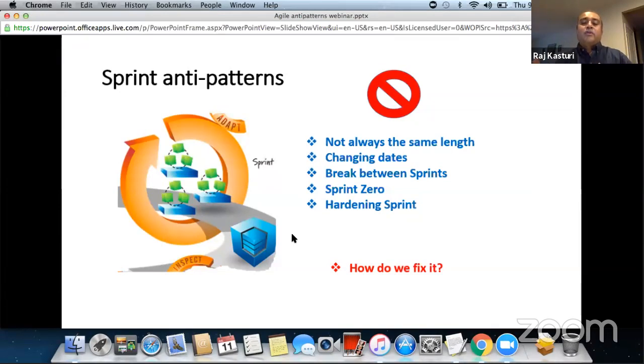So that sprint is not valuable to them. Any functionality that is delivered at the end of each sprint is important. So don't use hardening sprints, because quality needs to be built in for each and every sprint. That is very important. If you don't do that, then you're creating unnecessary anti-patterns and more defects as you go along.